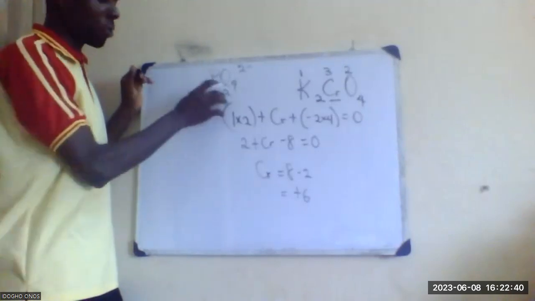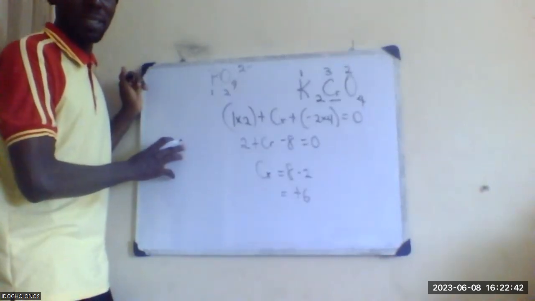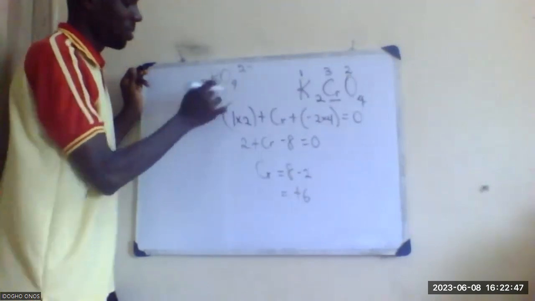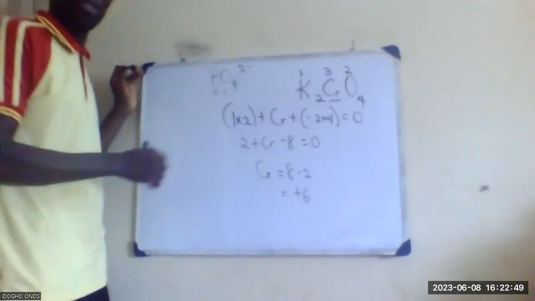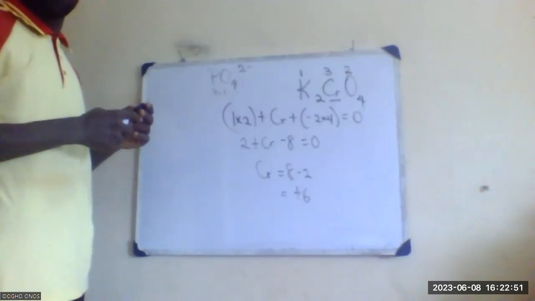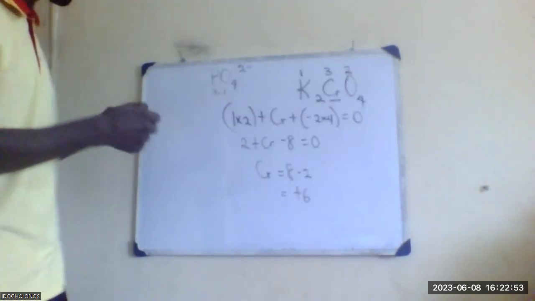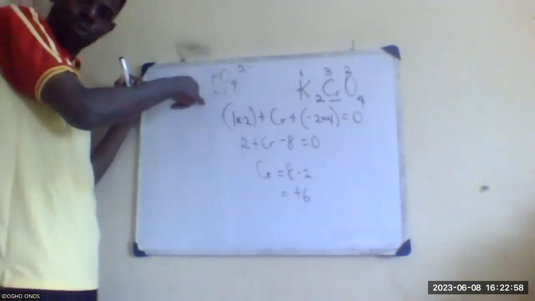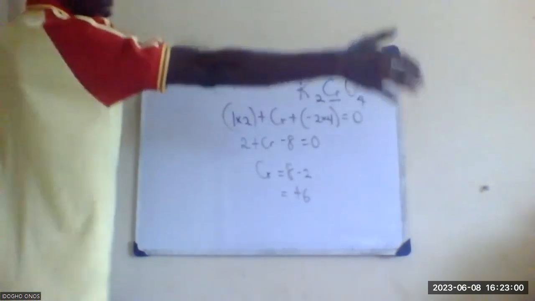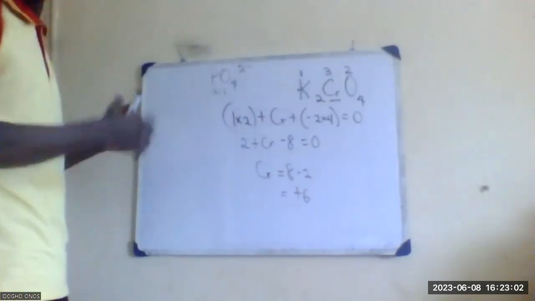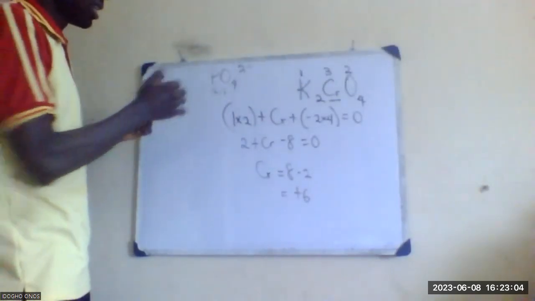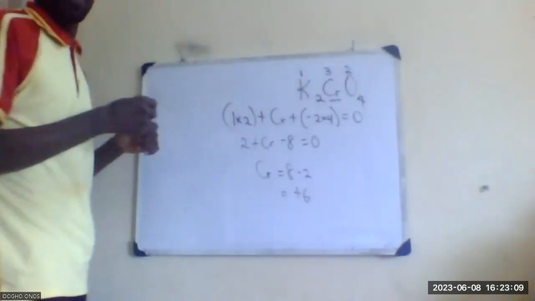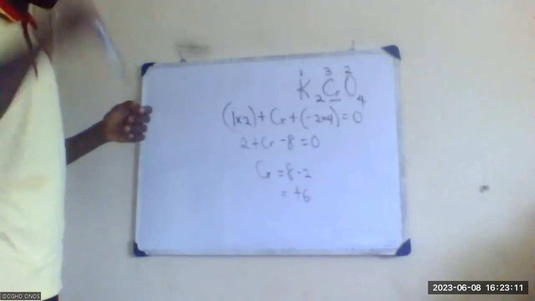No, the other way around. If it's 2, tetraoxophosphate. If it's 3, 1, 2, the middle. Tetraoxophosphate. It's clear now.